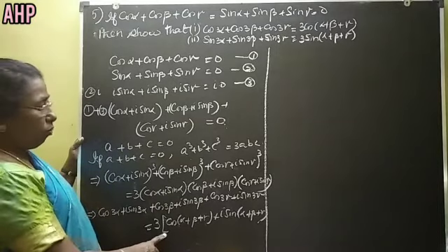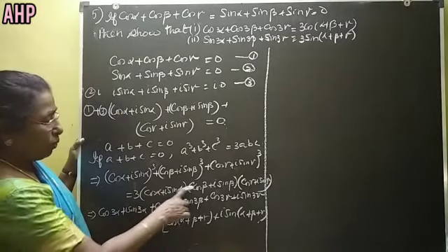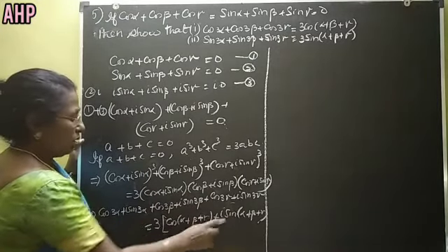Using that property, we get 3 into cos of alpha plus beta plus gamma plus i sin alpha plus beta plus gamma.